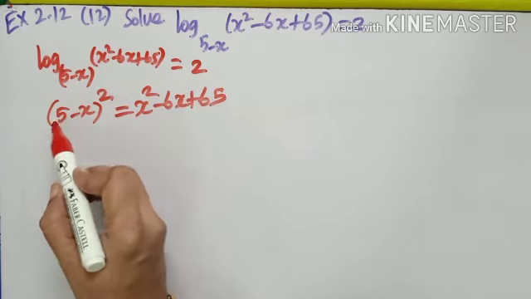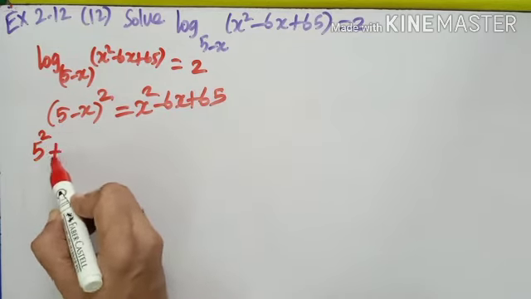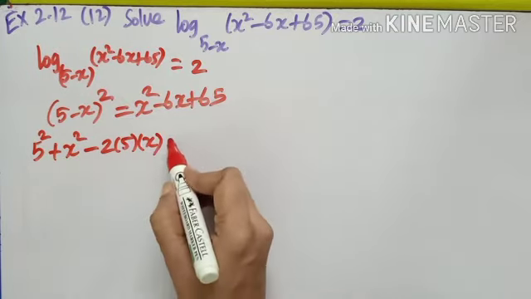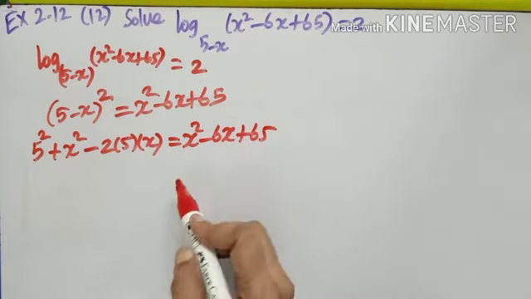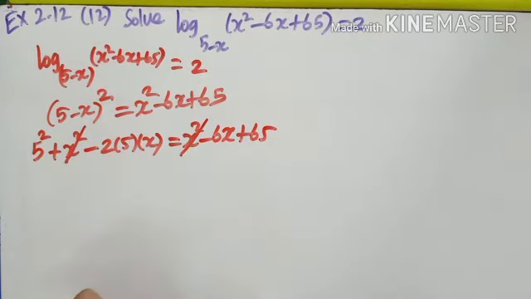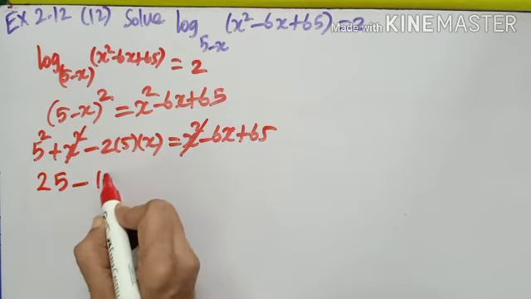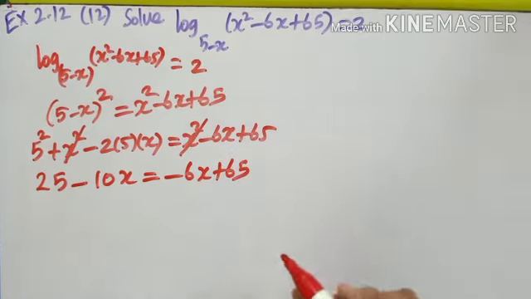Simplifying this, this is a minus b the whole square: 5 square plus x square minus 2 into 5 into x equals x square minus 6x plus 65.